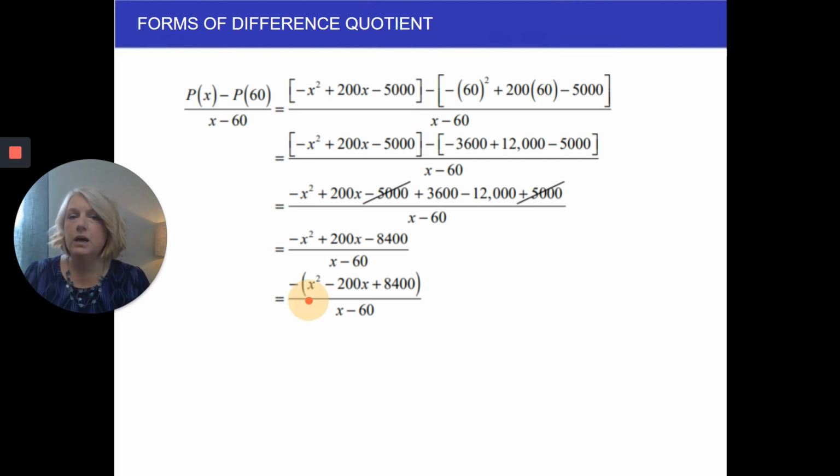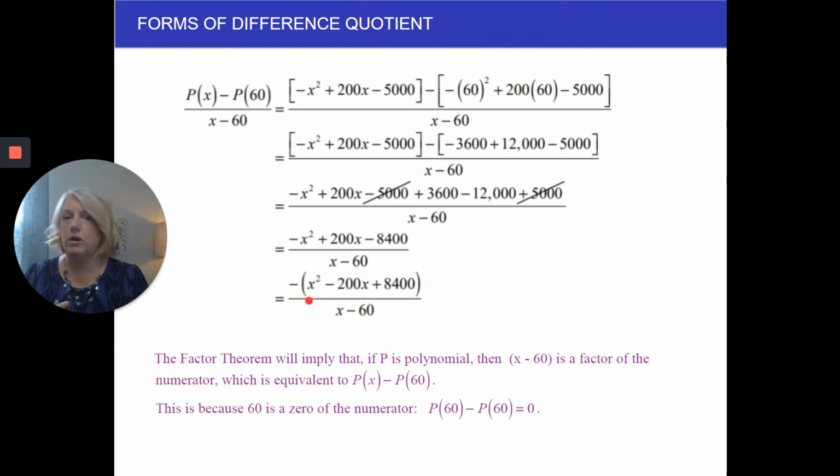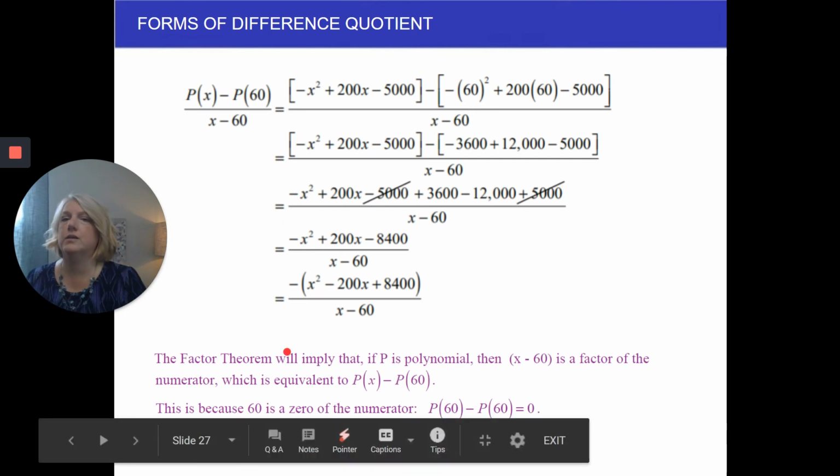Now, there's a comment about this quadratic, something that will always be true, and this will help you in your factoring. Notice that if I come back up here where I have this whole top part right here, if I were to plug in 60 for x, then p of 60 minus p of 60, of course, would be 0. And so I want to remind you of an Algebra 2 theorem that we also reviewed at the end of school last year called the factor theorem.